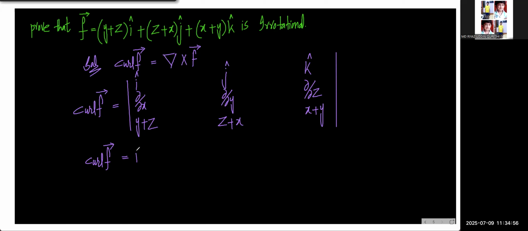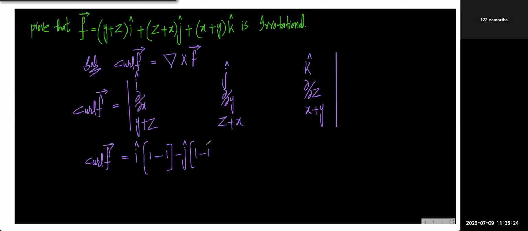Look at it. For i, with respect to x, this row and column unity. We are getting 0 plus 1 is 1 only, minus. For j cap, with respect to z, again 0 plus 1, minus, minus 1, plus k cap, again column and row unity.